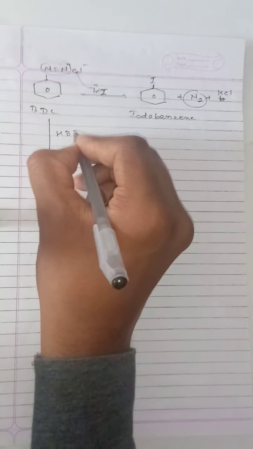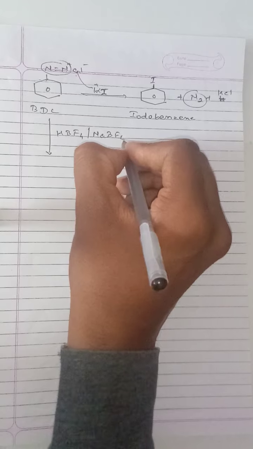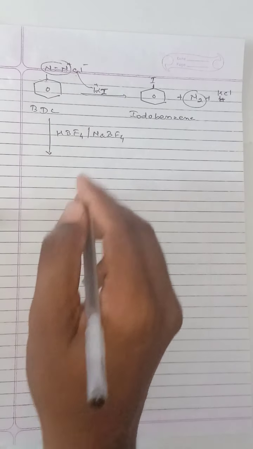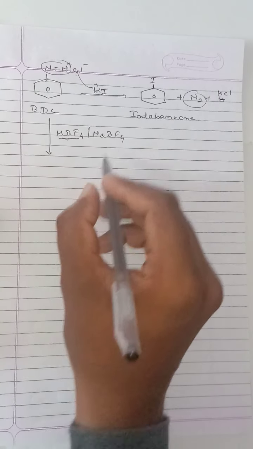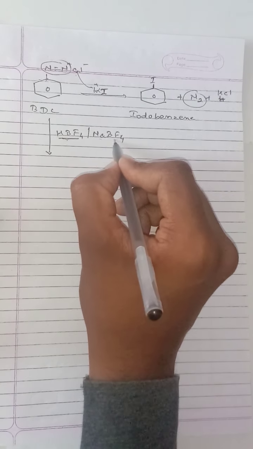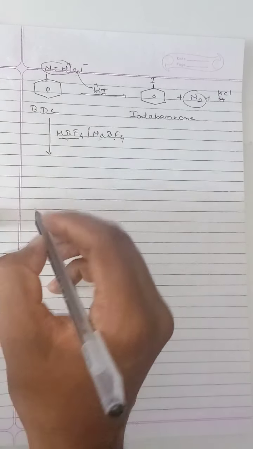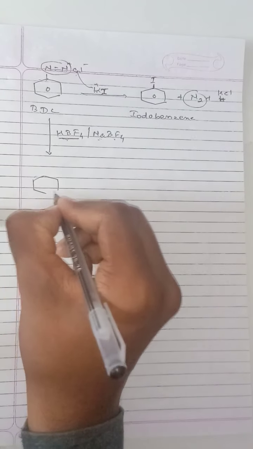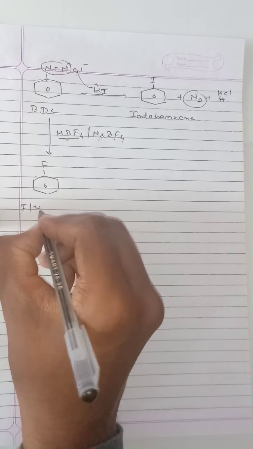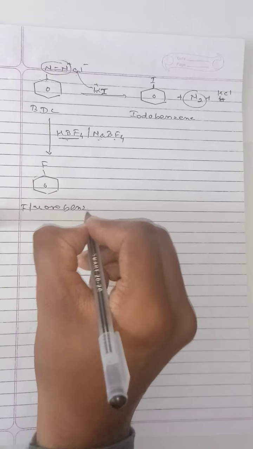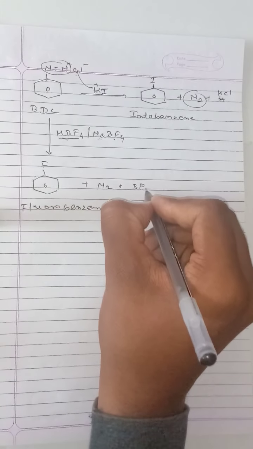In reaction with HBF4 or NaBF4, HBF4 means fluoroboric acid, and NaBF4 is sodium tetrafluoroborate. Okay, you will get fluorobenzene, nitrogen and boron trifluoride.